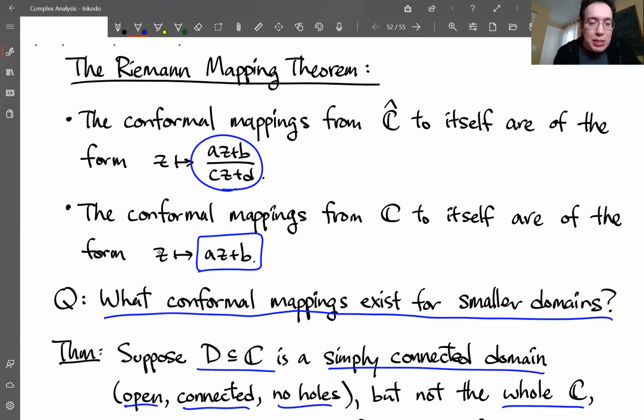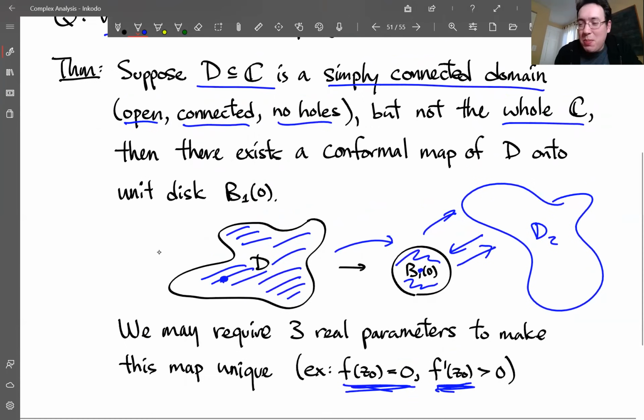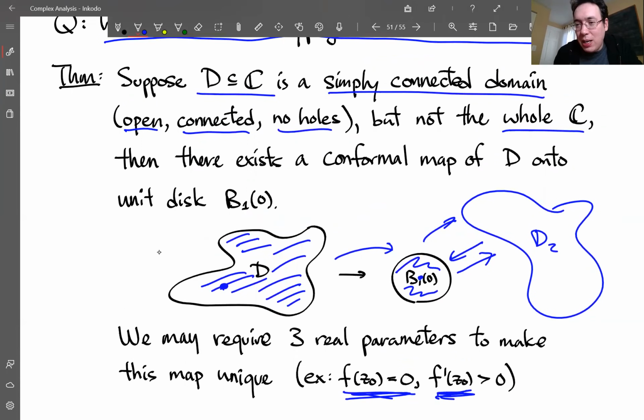Actually, let me just state that this is a little difficult to prove. Let me tell you what the general outline of the proof would be. You can show that you can take any simply connected domain and somehow map it into the unit disk. So maybe not onto the unit disk, but inside of the unit disk. And then you could do a sequence of approximations.